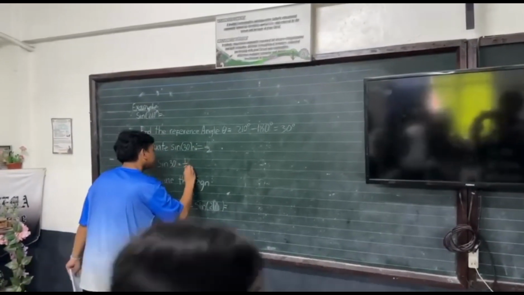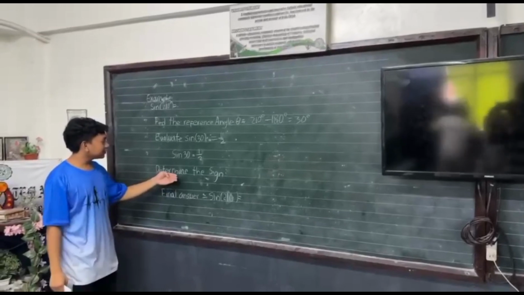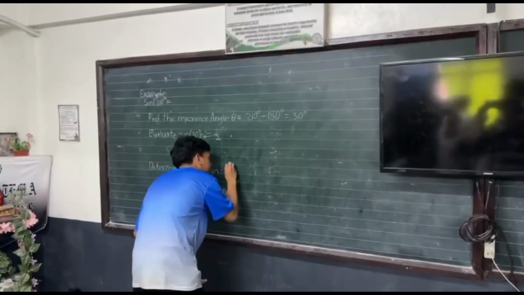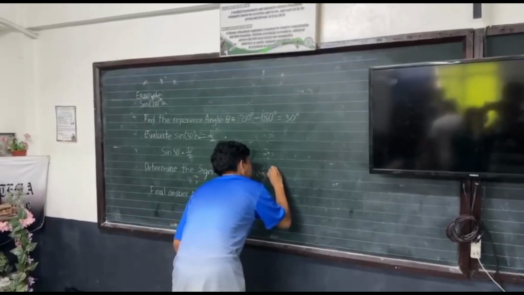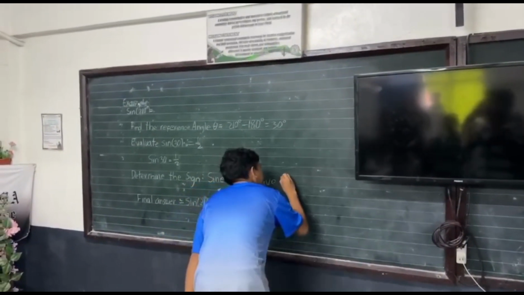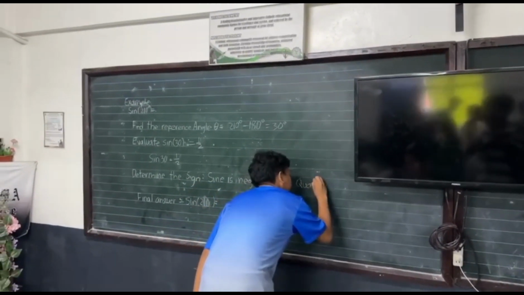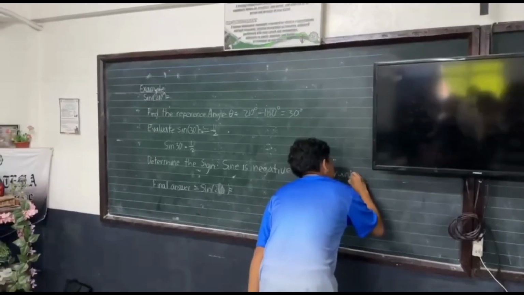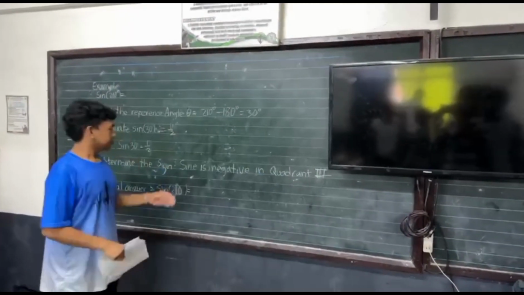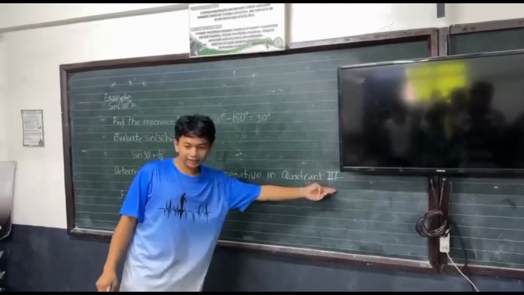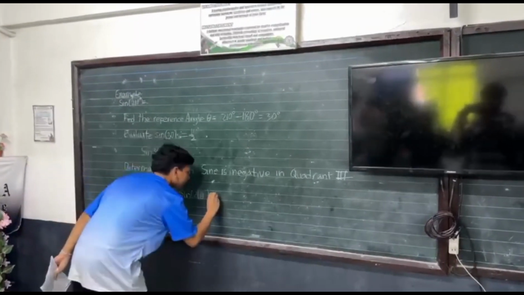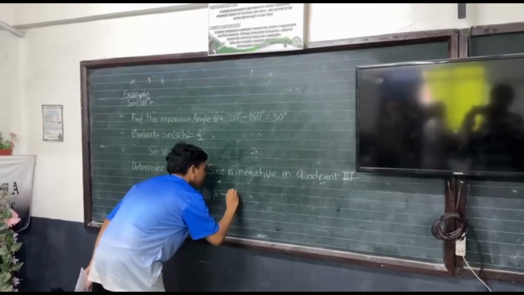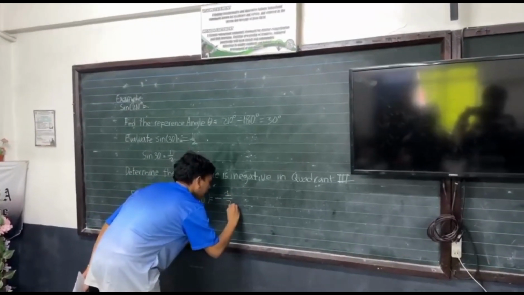Now determine the sign. Sine is negative in quadrant 3, because in quadrant 3 only tangent and cotangent are positive. So the final answer is sine 210 is minus 1 half because of the ASTC rule.